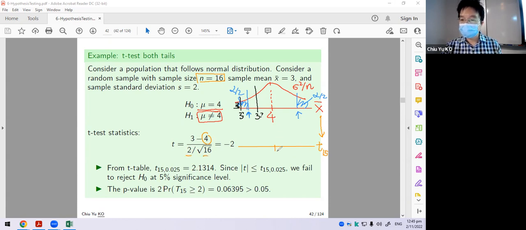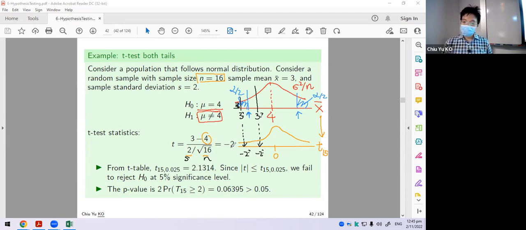So 4 minus 4 becomes 0, that's how you transform 4 to 0. And that will look like a bell curve. The first question is, what is 3 here? It turns out to be -2. That is how you transform: X bar minus 4 over S over root n. So that is the transformation.